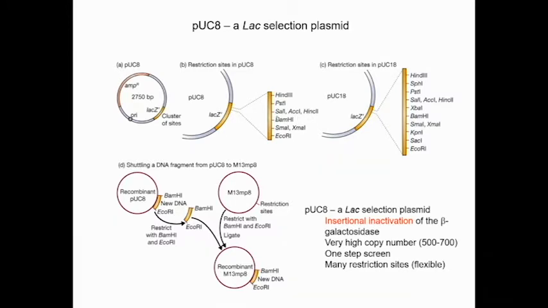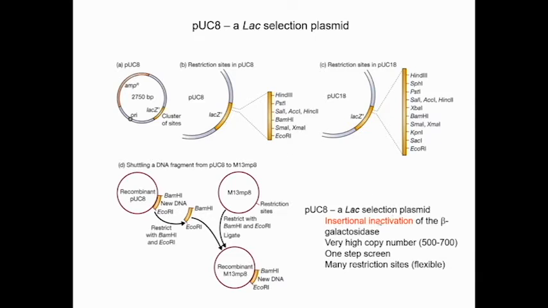If we insert a piece of DNA into, for example, BamHI, then the lacZ gene will not be able to produce the full-length beta-galactosidase. It will produce a hybrid protein, or the translation will be stopped, causing early termination, so you will not be able to express the lacZ gene.